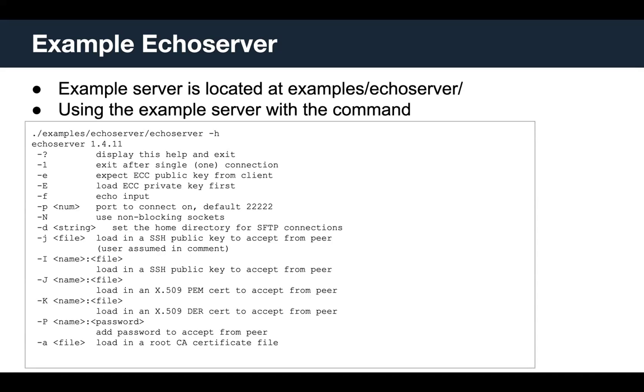And with our example echo server, one of the things that's nice listed here is the -j, which is our X509 PEM cert. So it can specify the public key to be used for the authentication.